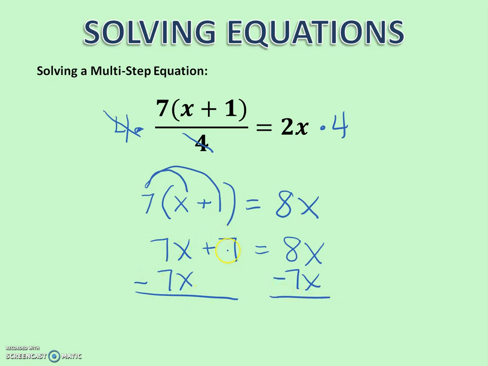That way, over here on the left, it's going to cancel, leaving us with just 7 equals 8x minus 7x, which is just plain x, or 1x, and we have our answer. All right, great job!